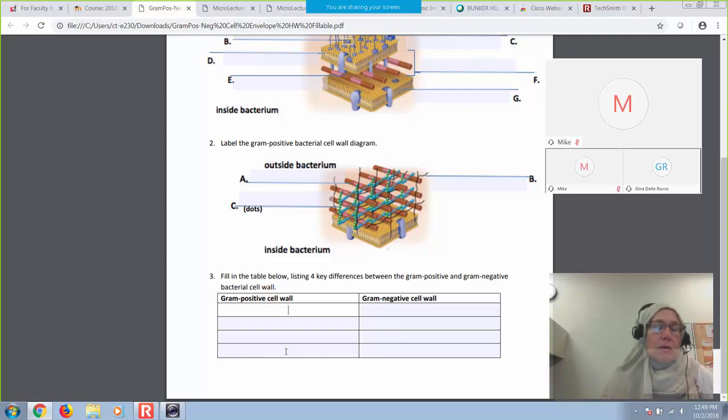There are a variety of other possible answers, but another one is that gram-positive cell wall has no porins, whereas the gram-negative has porins in the outer membrane portion of its cell wall. It's really the cell envelope differences that I'm asking you to answer here.